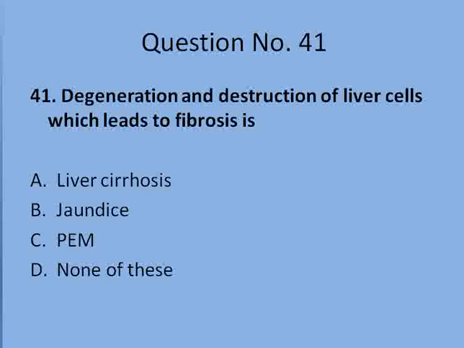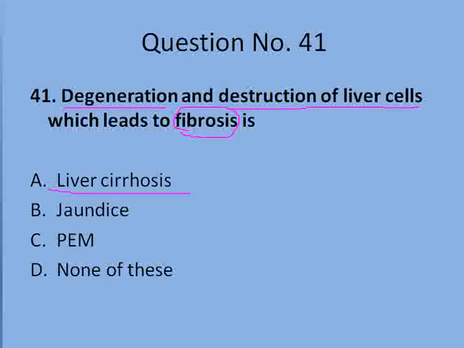So if you are taking the first one, liver cirrhosis, it is a chronic disease of the liver, and as a result of that, the degeneration and the destruction of liver cells will be taking place. That condition we call fibrosis, and the name of the disease is liver cirrhosis.